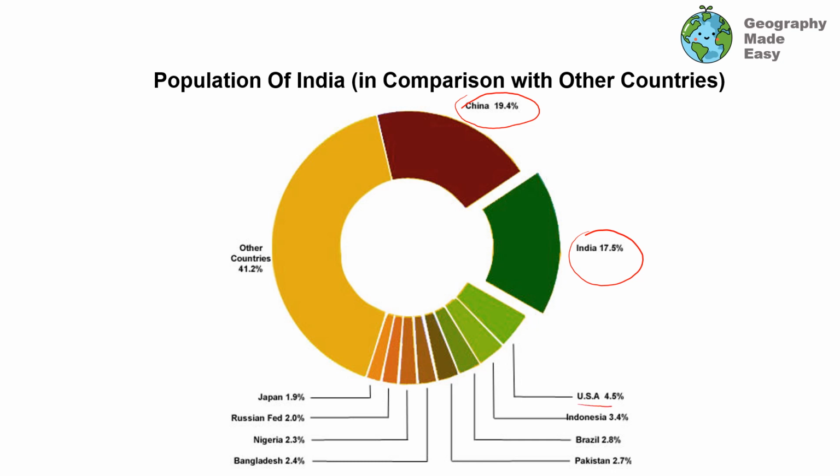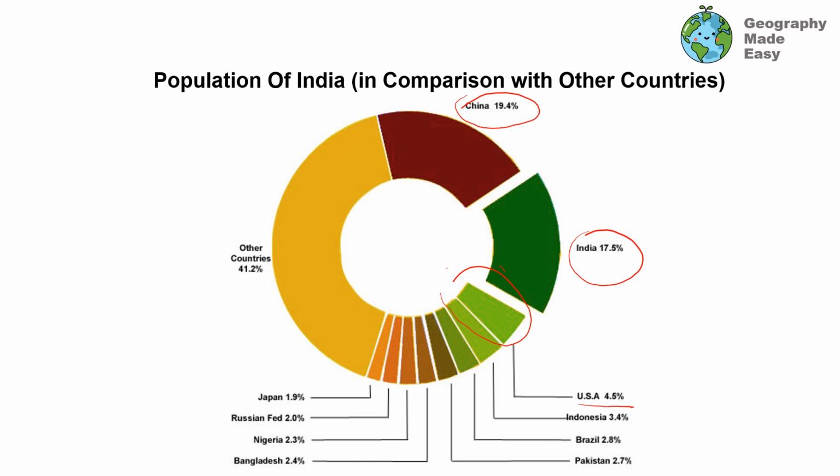After that, we have USA, and we can see that the sectoral angles, or the angles of the pie, for China and India are more or less similar. USA, which is the third most populous country, has a much smaller angle in the pie diagram.